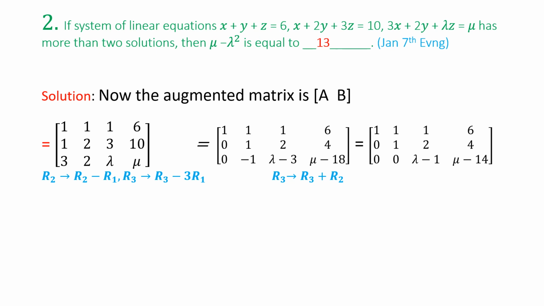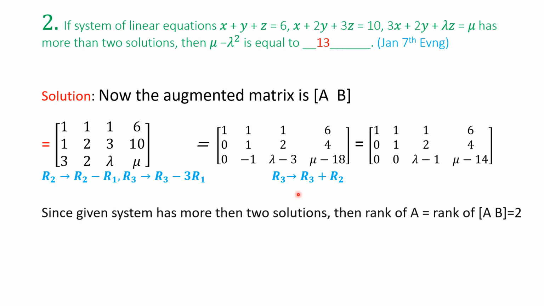And another operation we can apply, R3 changes to R3 + R2. Then the resultant matrix equals 1, 1, 1, 6, 0, 1, 2, 4, which will not be changed, and the third one is 0, 0, λ − 1, μ − 14.